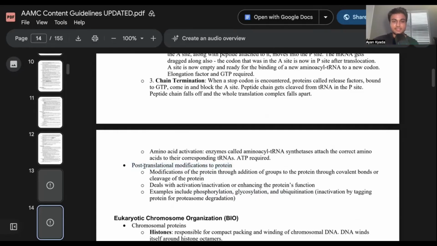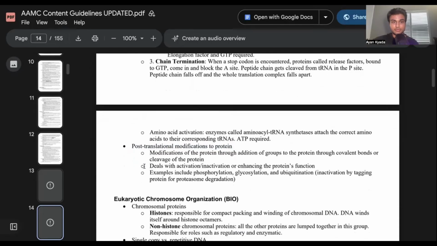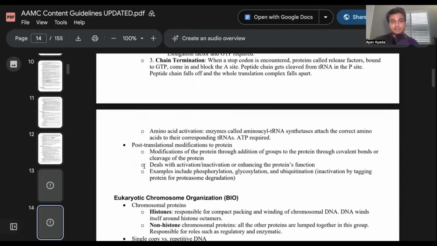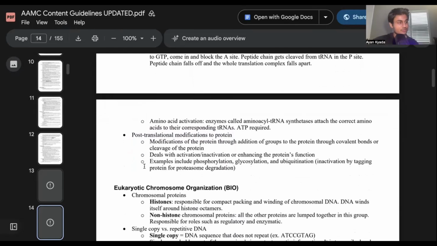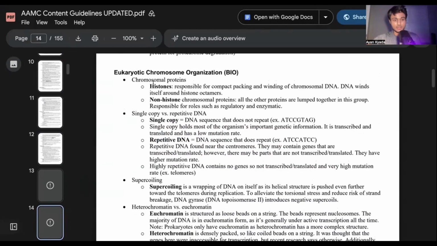But other than that, that's going to conclude the process of translation, getting us through the entire central dogma from DNA replication to transcription into mRNA to translation into proteins to post-translational modifications. So let's keep chugging along and dive into eukaryotic chromosome organization.